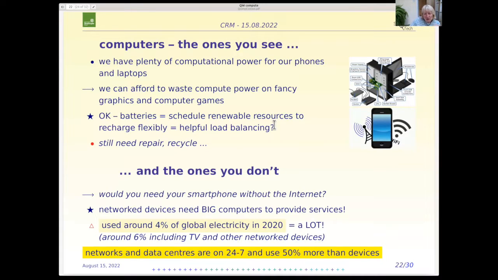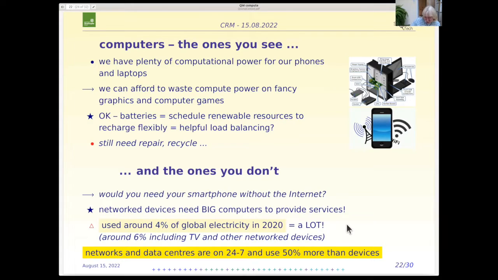But then there's the ones that you don't see, because your smartphone wouldn't be very useful without the internet. And network devices need big computers to provide the services, and they're on 24/7. They use 50% more electricity than the devices, and they used about 4% of global electricity in 2020.